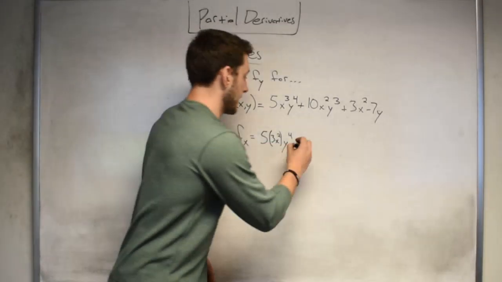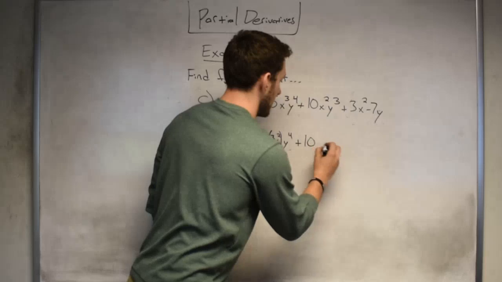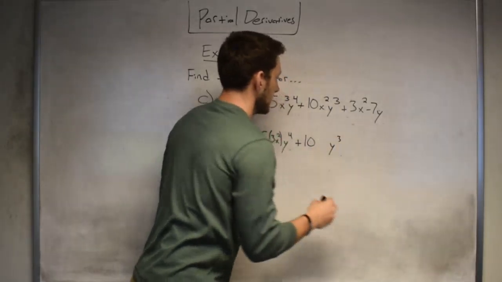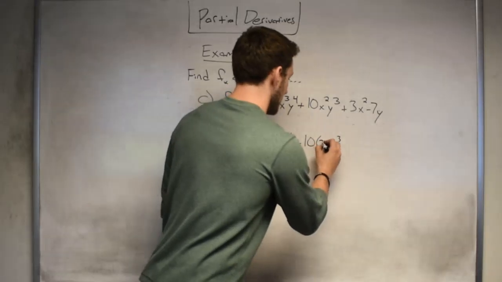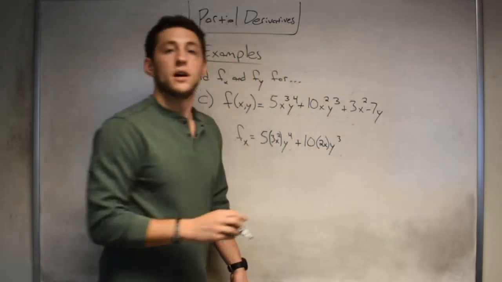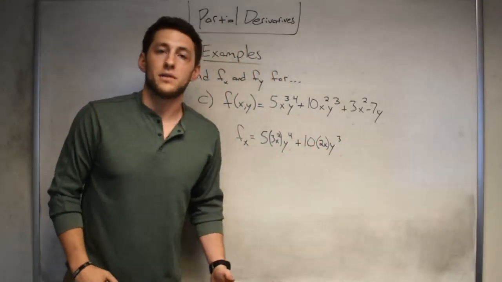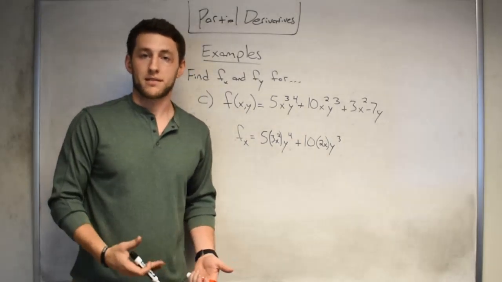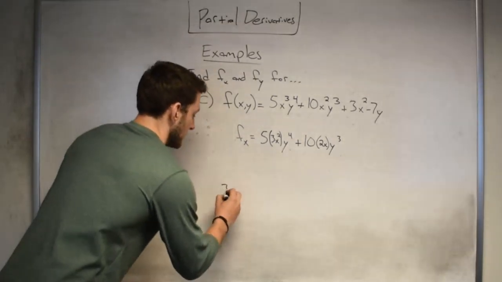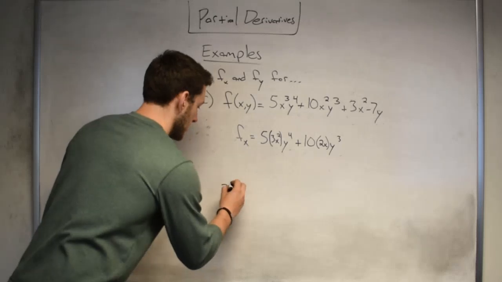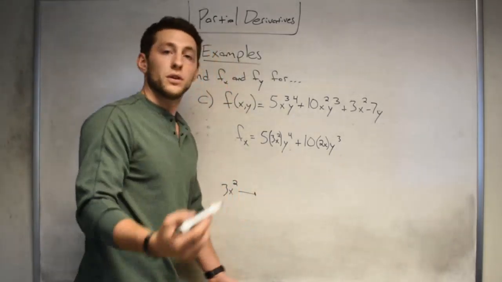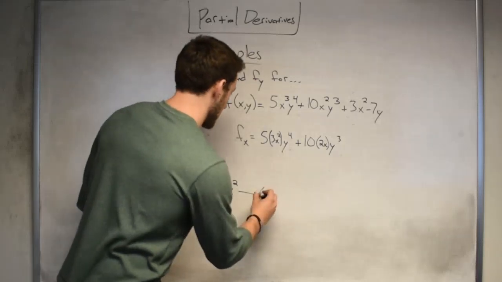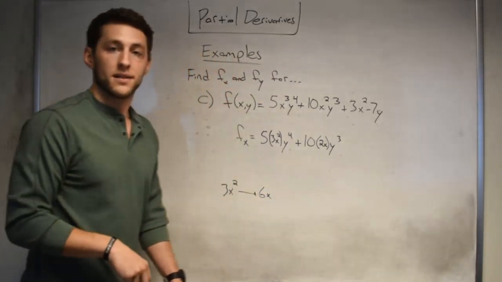Over here, I copy down the non-x terms, 10 and y cubed, and I derive the x term, 2x. By the way, the reason we're copying it down is kind of like we do with constants. If I were to derive a little tangent right here, if I were to derive 3x squared regularly, we all know that one just becomes 6x.